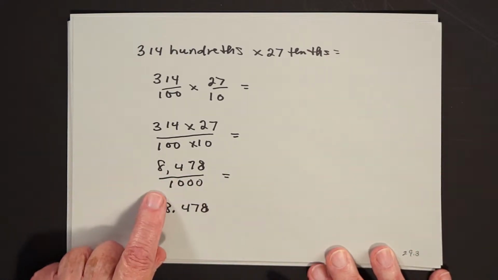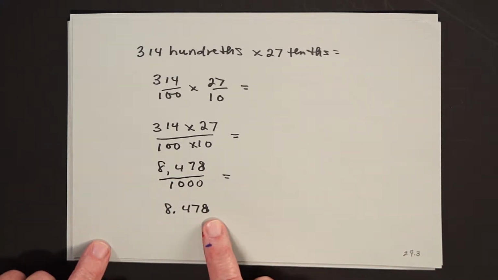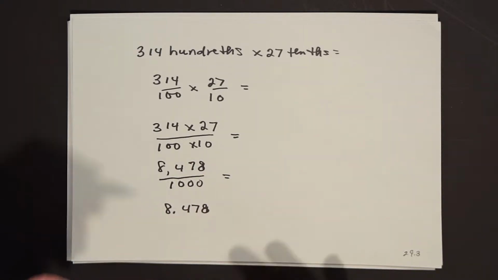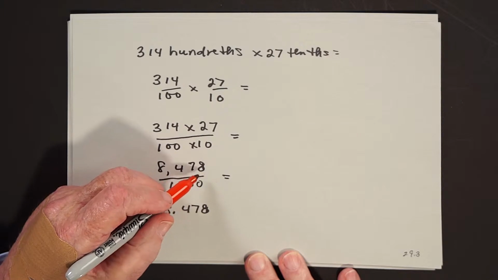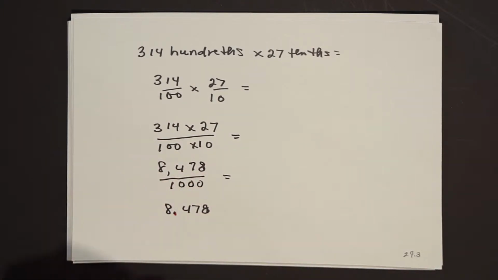The 1,000 in the denominator says that the answer has to be thousandths. Thousandths requires that there be 3 digits to the right of the decimal point in the answer, and the only way you can do that is to count over 3 places to the left, 1, 2, 3, and the answer is 8.478 again. The beauty of mathematics is there may only be one right answer, but usually there are several correct ways to get the right answer.